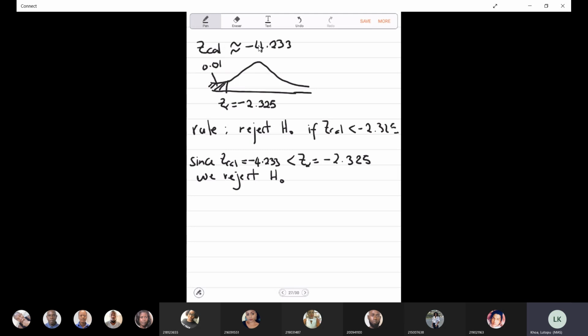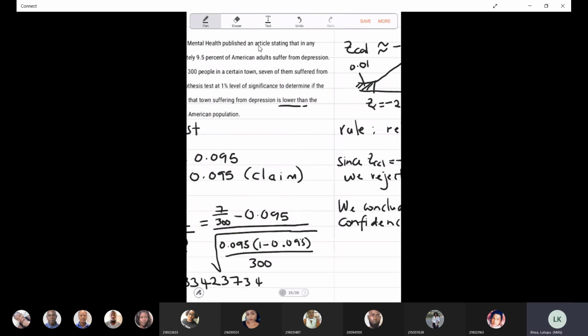And then make a conclusion. What does that mean in layman's terms? Say we conclude with 99% confidence that, what was the question saying?